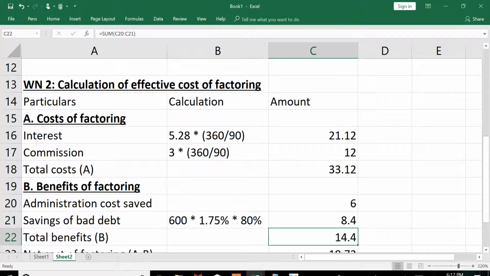Balance 20%, I cannot do anything. That the factor will tell me to pay it. What I can save is only 80%. Get the net cost of factoring and effective cost of factoring.